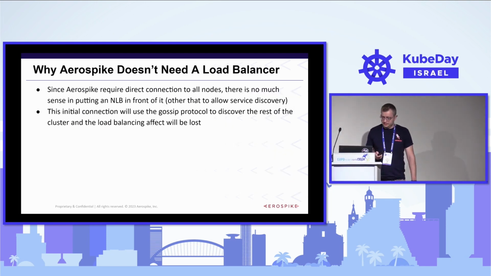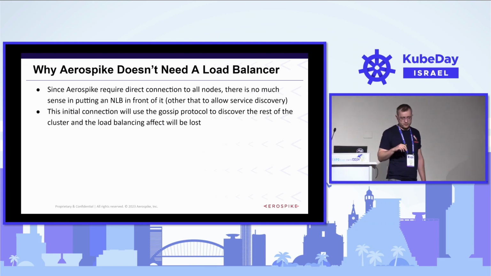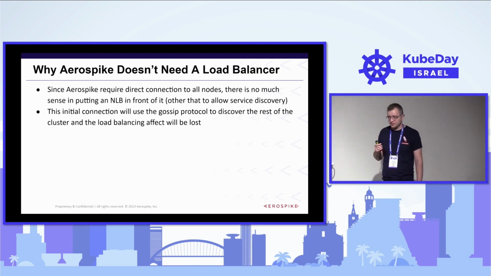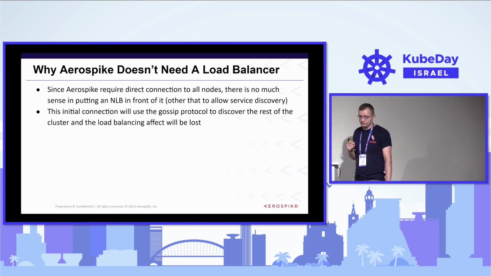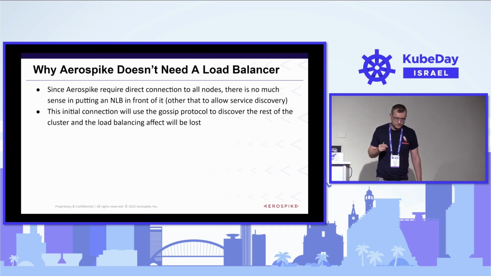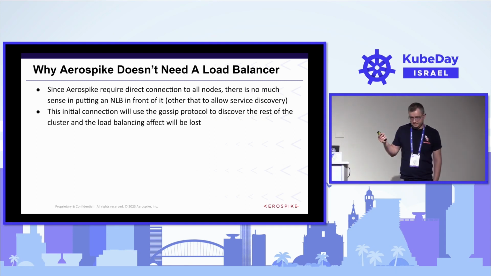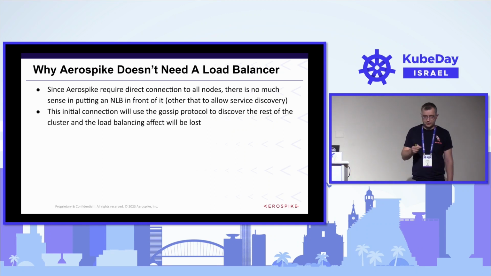In Aerospike, we're not using load balancers because we are a stateful application, and in a stateful application, each node differs. In contrast, in a stateless application, each pod is identical to the other pods, so a load balancer works perfectly.